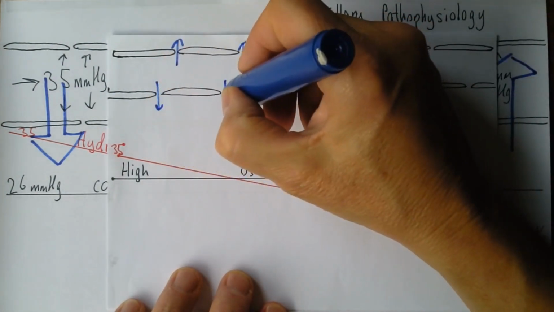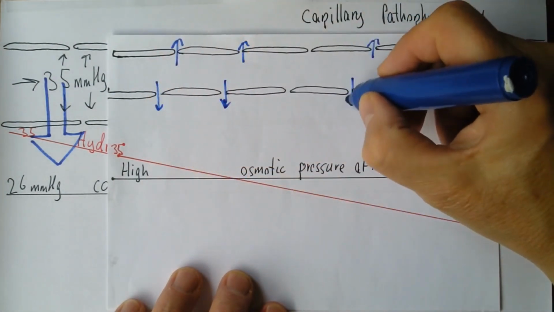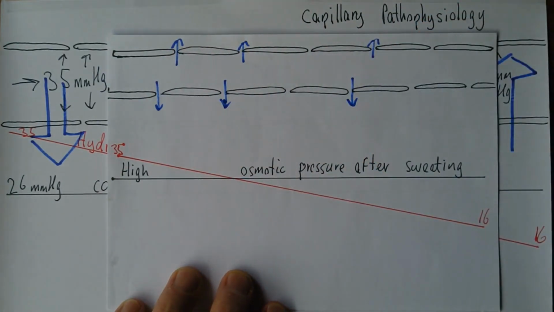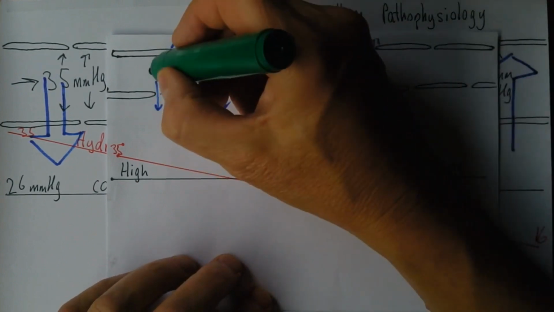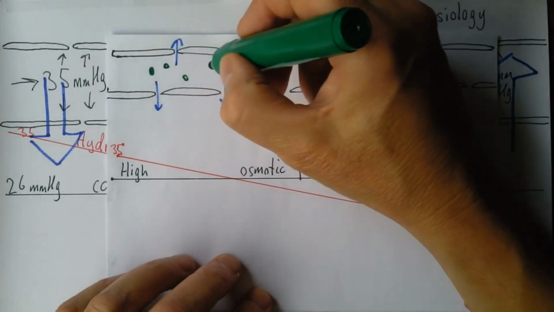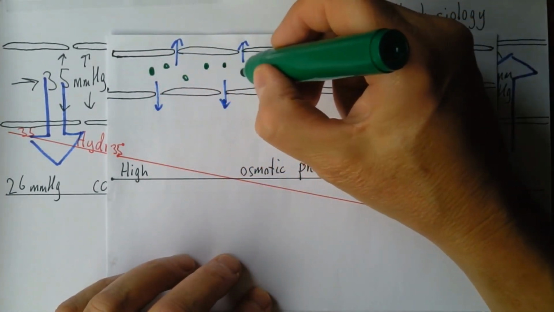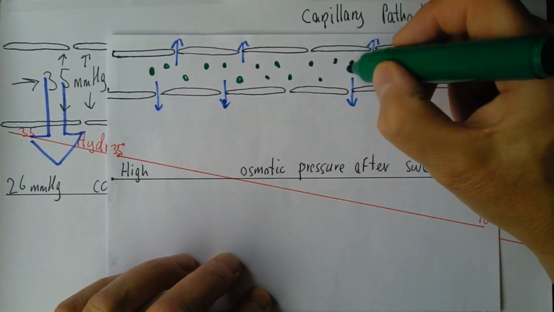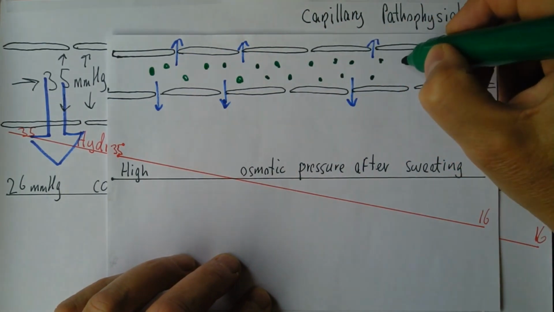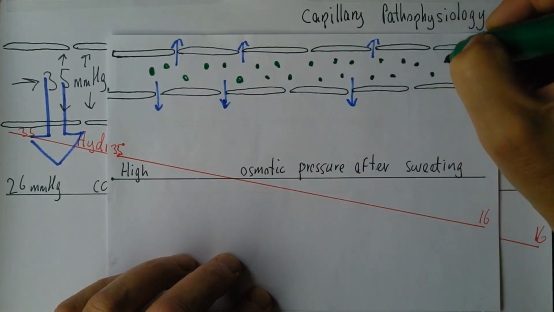If there's less water in the blood, can you see that means the plasma proteins are going to be relatively more concentrated. Not because there are more plasma proteins in total, but because there's less water to dissolve them in, so they'll be more concentrated.